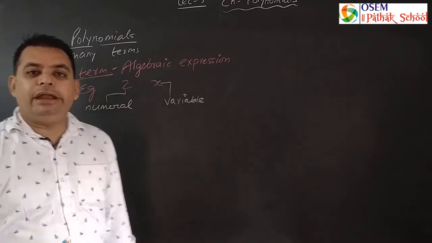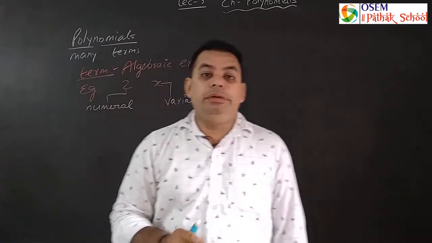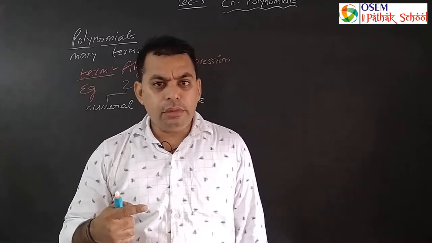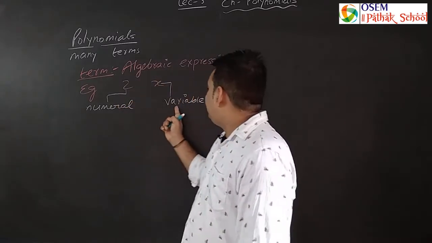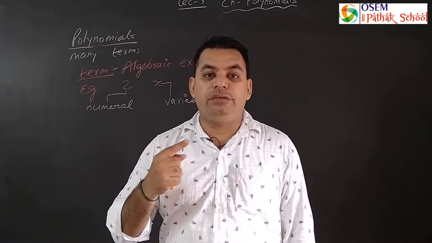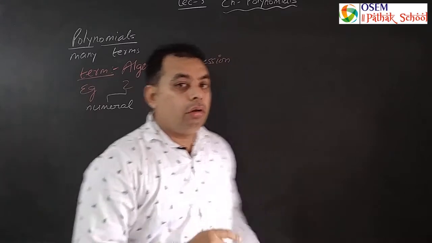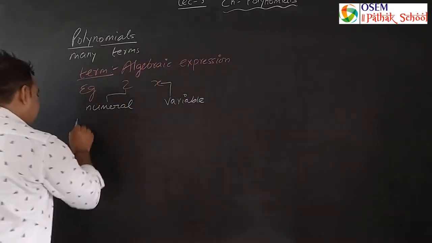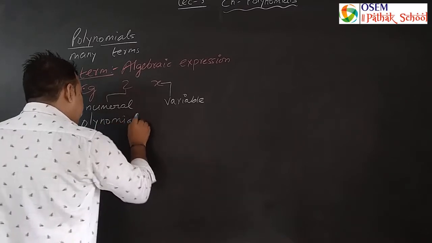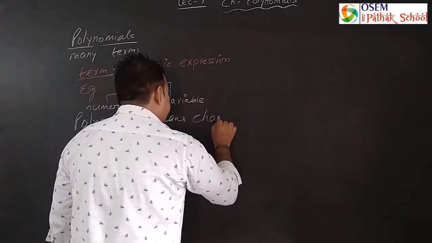This numeral is also known as the coefficient, meaning the number part, and the x is known as a variable. A variable can be any English alphabet from A to Z. So now we can say that a polynomial means a chain of terms.